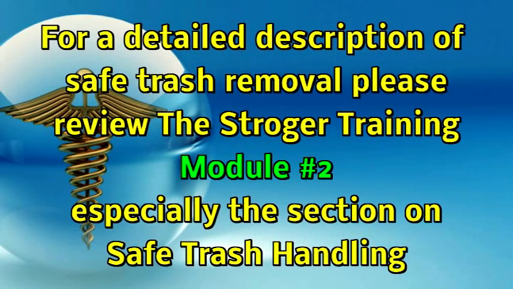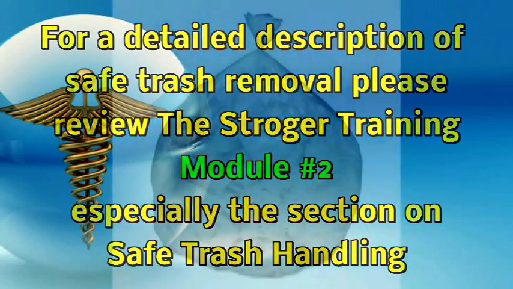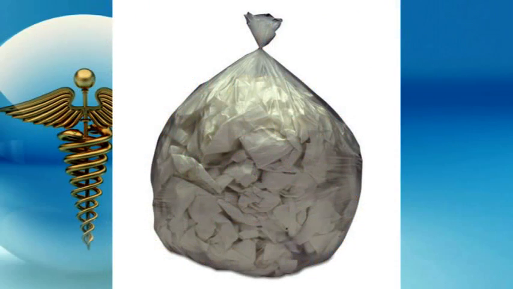For a detailed description of safe trash removal, please review the Stroger Training Module Number 2 on safety and safe work practices, especially the section on safe trash handling. Finally, as part of gathering trash from the OR, remember that you will be handling 3 separate trash types that must all be kept separate.